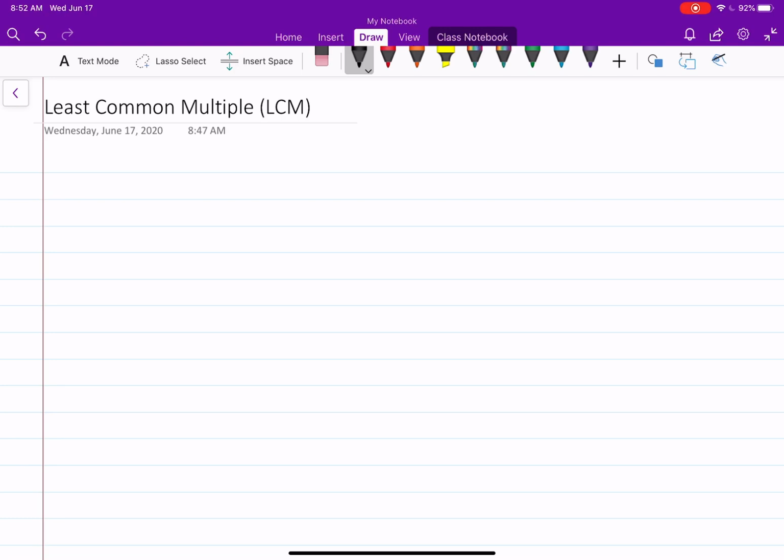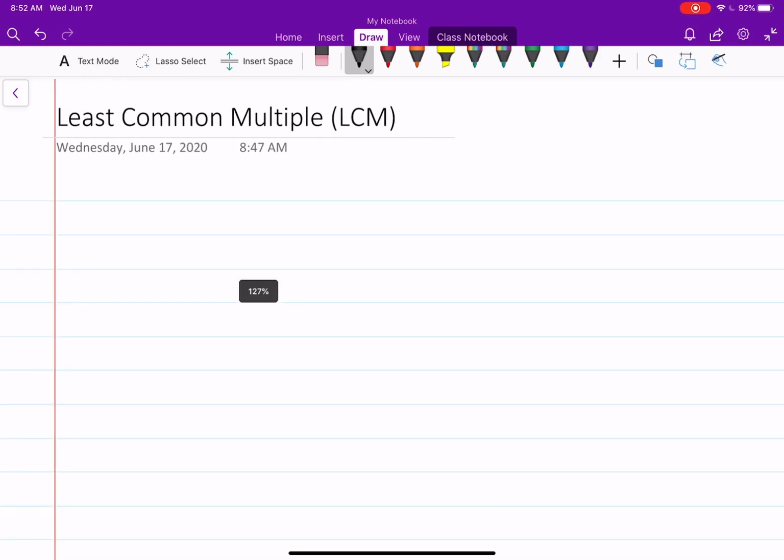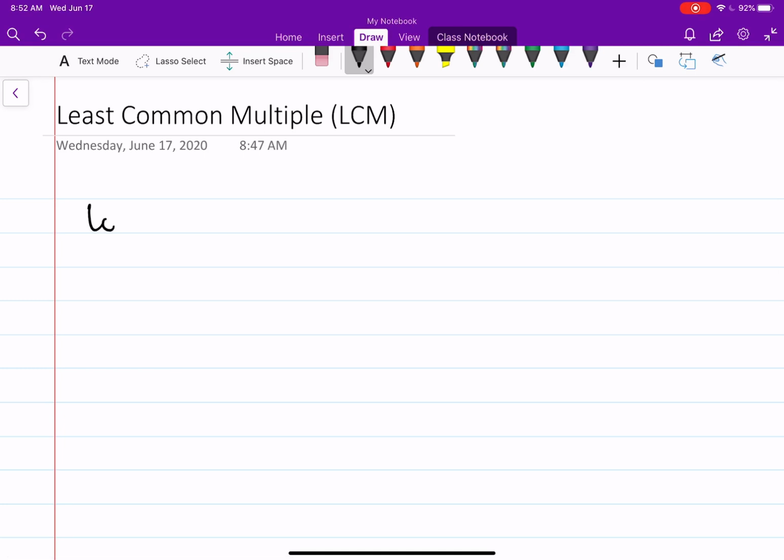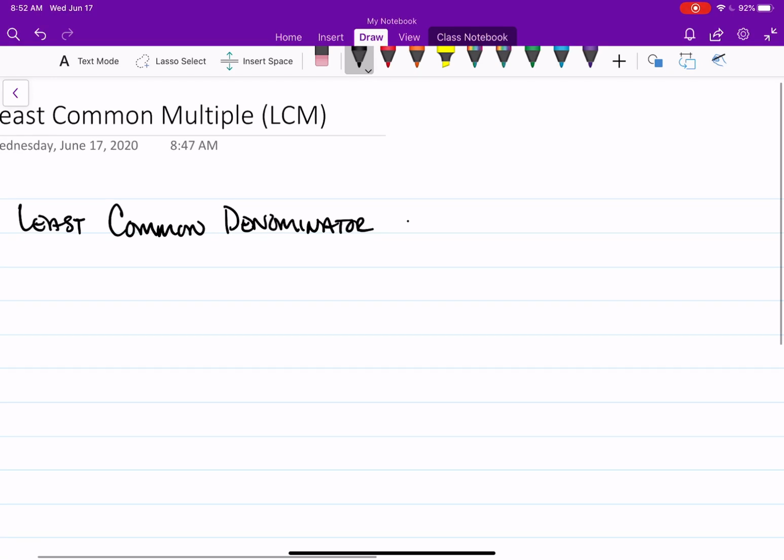What's up? We are talking about the least common multiple. You know it as LCM. Now, LCM only applies to just plain old numbers, while LCD, the least common denominator, refers to your fractions.